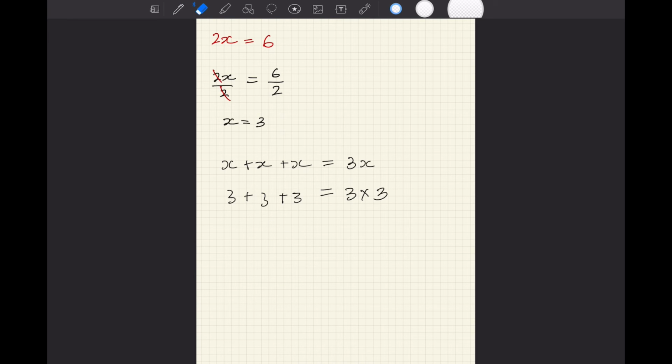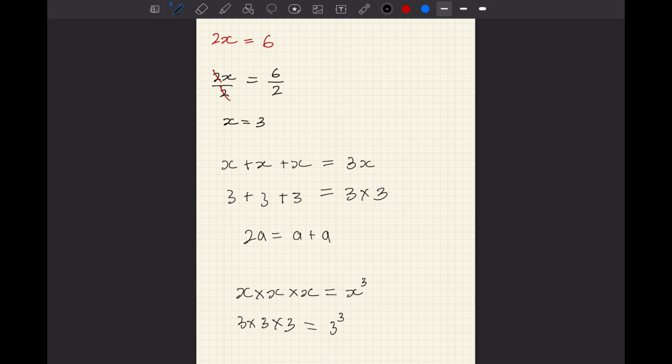Okay, so when we write something like 2a, what we're saying is a plus a. Okay, now what about x times x times x? So this operation is the same as we would have with 3 by 3 by 3. So that is going to be 3 cubed, and this is x cubed.